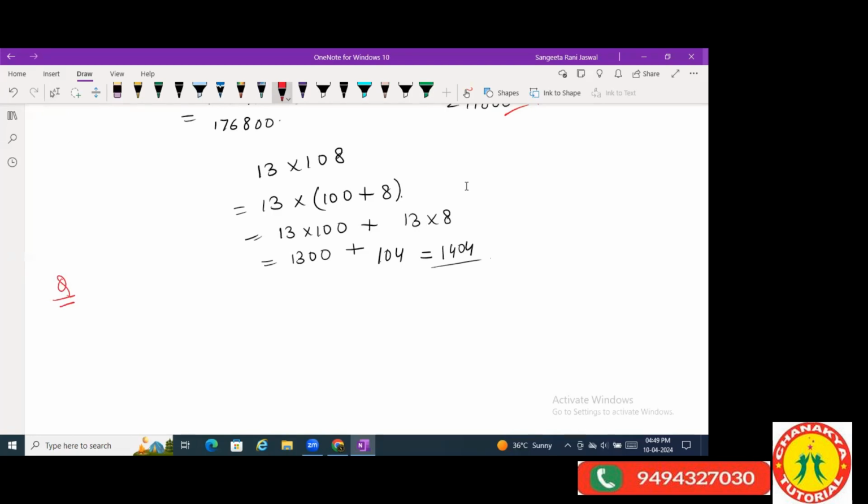Here you have to solve these: 54279 multiplied by 92 plus 8 into 54279. You can use the distributive property here. What was the distributive property? Distributivity of multiplication over addition: any number multiplied with the sum of two others, you get A into B plus A into C. So this is in that order, A into B plus A into C.